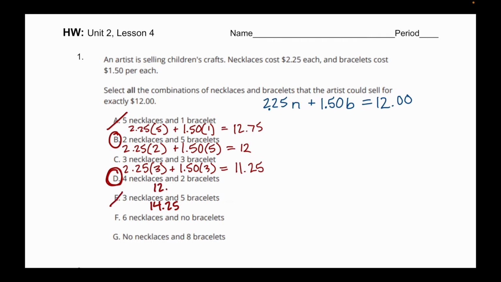This one gave us $12, so it did work. 6 necklaces and no bracelets, so no bracelets means a 0, and 6 necklaces, that makes $13.50. And $13.50 is not what I want, so not going to be one of our options.